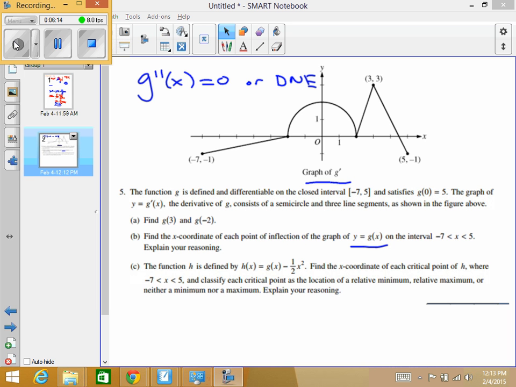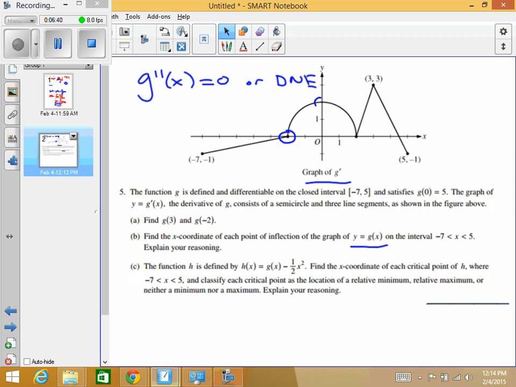As you hopefully remember, g double prime of x equals 0 is the same thing as asking when the slope of the slope, or the slope of g prime, is 0 or undefined. And that happens in a few places. We have an undefined slope of g prime here.